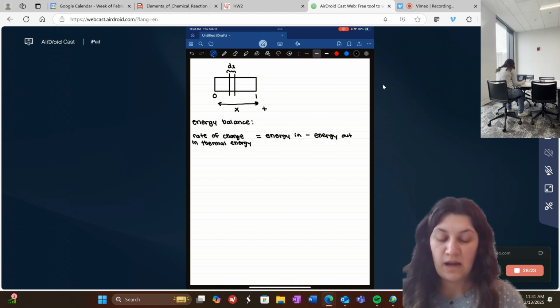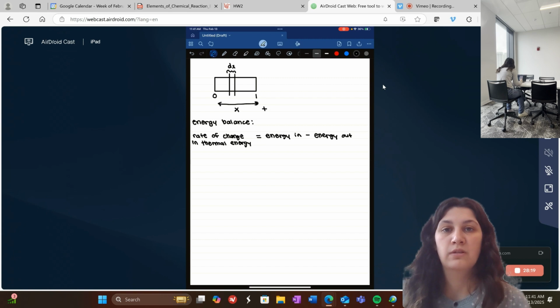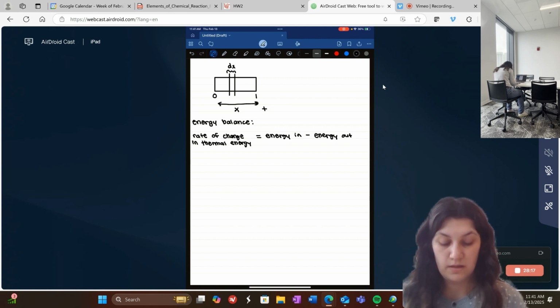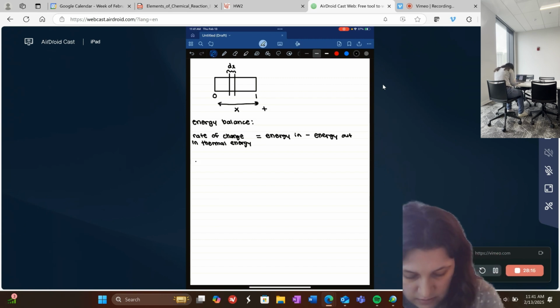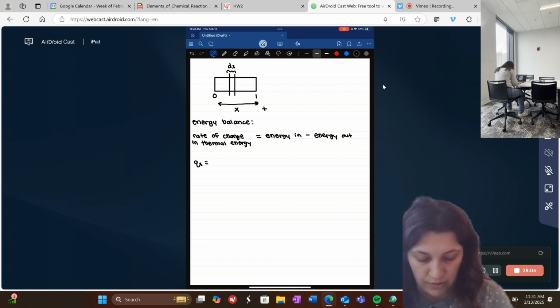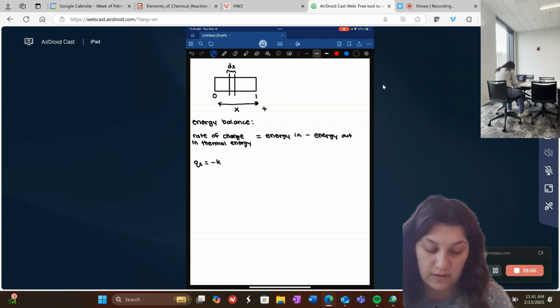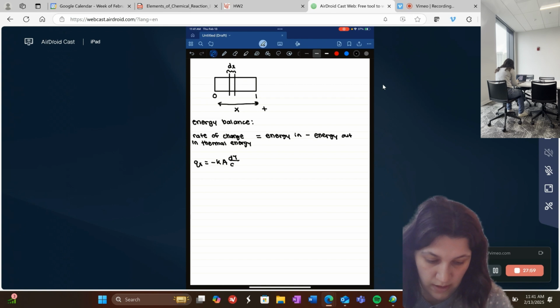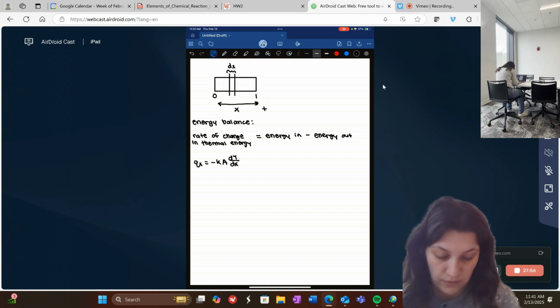So if we look at our energy in, what we're really looking at is the heat flow on the left side of the slice in the bar that we're going to call heat flow at position X, with our heat flux. So we're going to start with our thermal conductivity times our area, and then times, of course, our temperature gradient, the driving force of heat transfer.